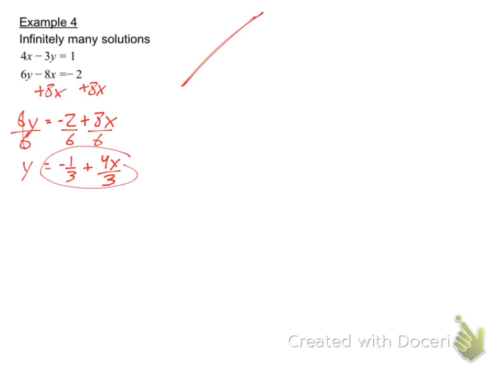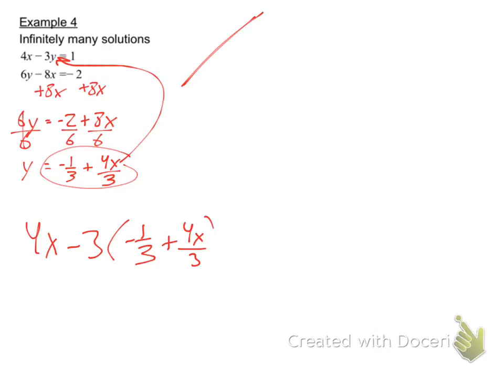I'm going to take this and put it there. So, 4x minus 3 times negative 1/3 plus 4x over 3 should equal negative 2. What happens when I distribute the negative 3 to the negative 1/3? It becomes plus 1. And the negative 12 over 3 is actually negative 4x.